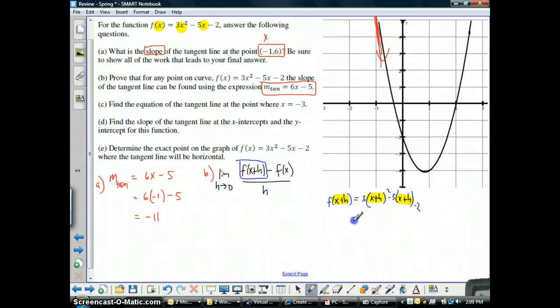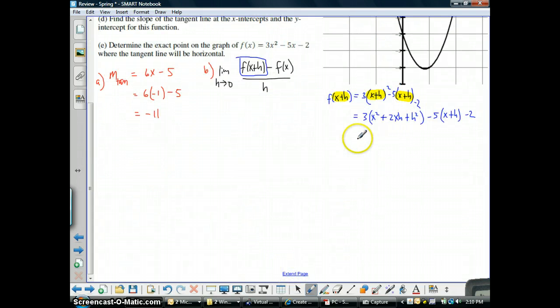So simplifying some of this, I'm going to get 3 times, and I'm going to use the shortcut, minus 5 times this, minus 2. Then I'm going to start to distribute: 3x squared plus 6xh plus 3h squared. Distribute the -5, minus 2.